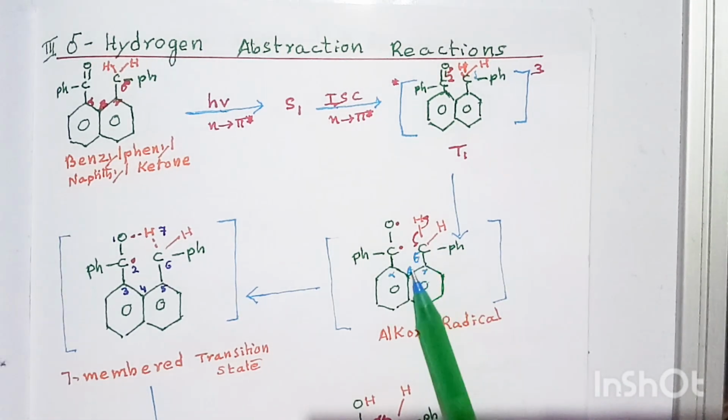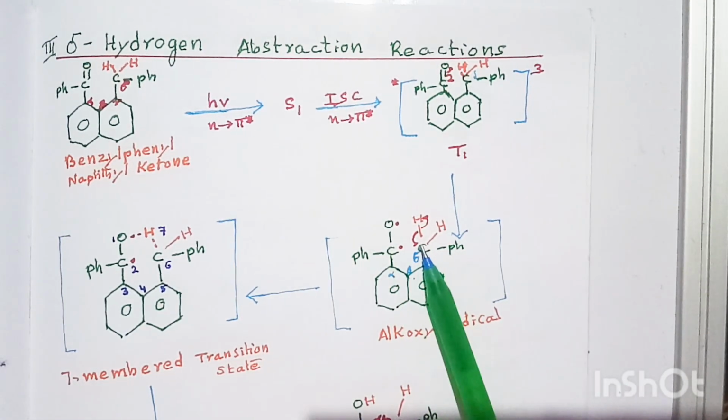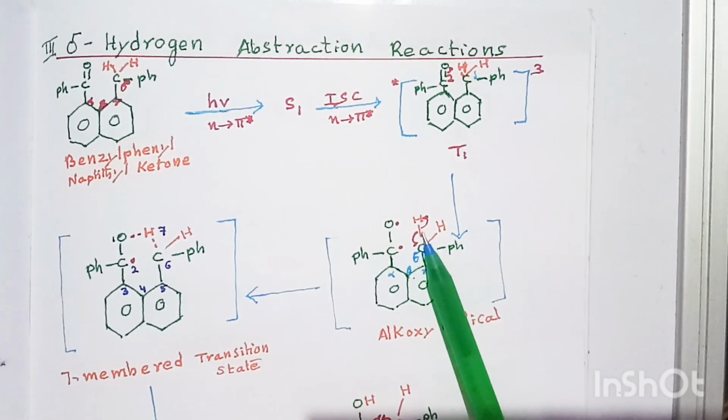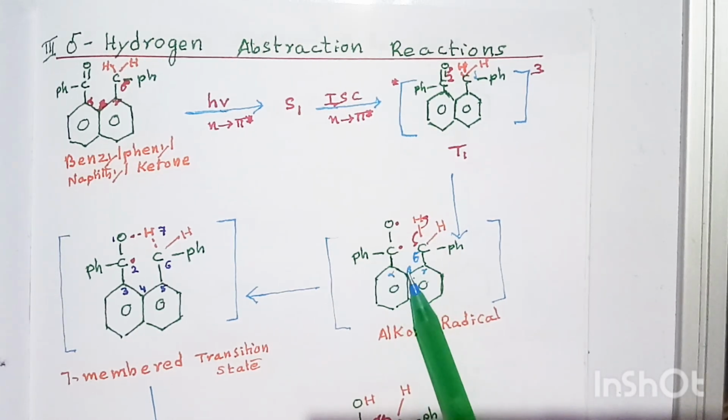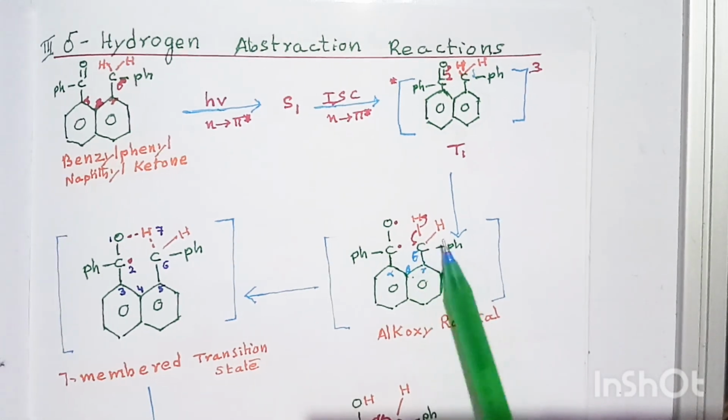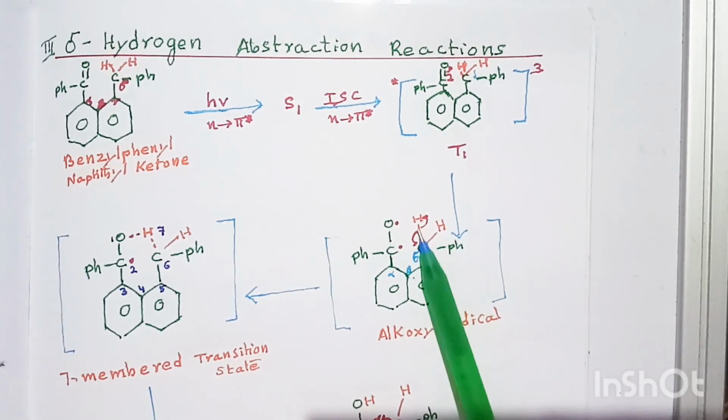Meanwhile, the delta carbon atom and delta hydrogen bond will start cleaving. This is the alpha carbon, this is the beta carbon, this is the gamma carbon, and this is the delta carbon. So this hydrogen and carbon bond starts cleaving.